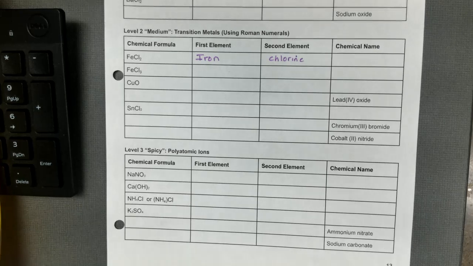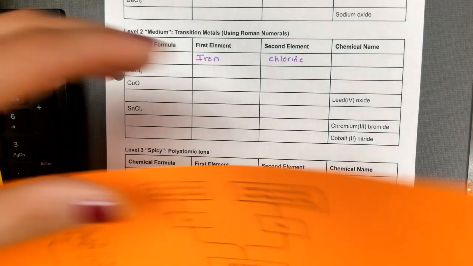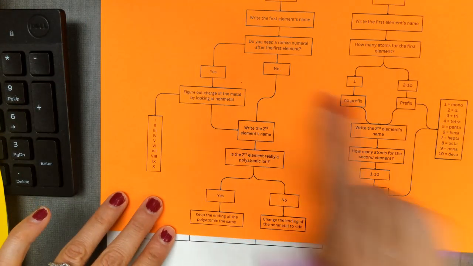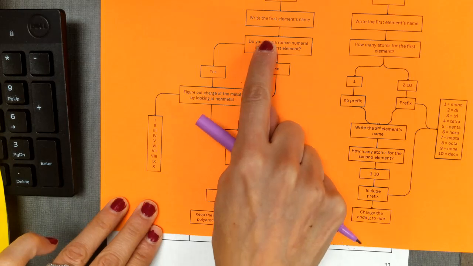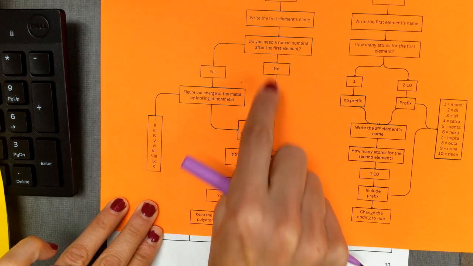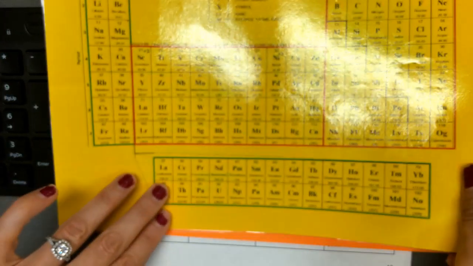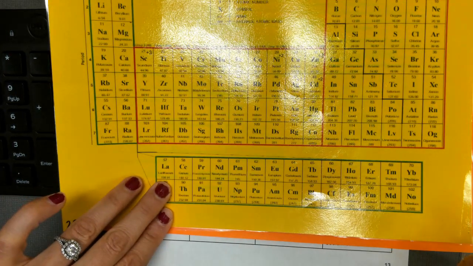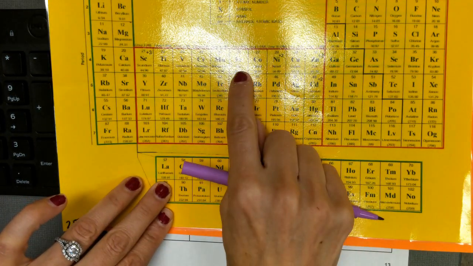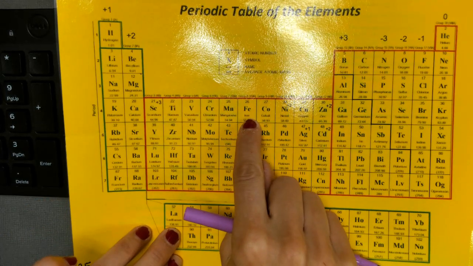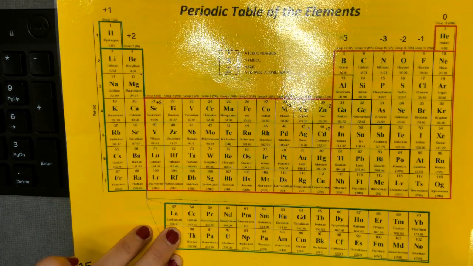Now, if we look at our flow chart, the first question we have for writing the first element's name is, do you need a Roman numeral? When I notice that iron is a transition metal located right here, number 26, I can see it doesn't have a charge.